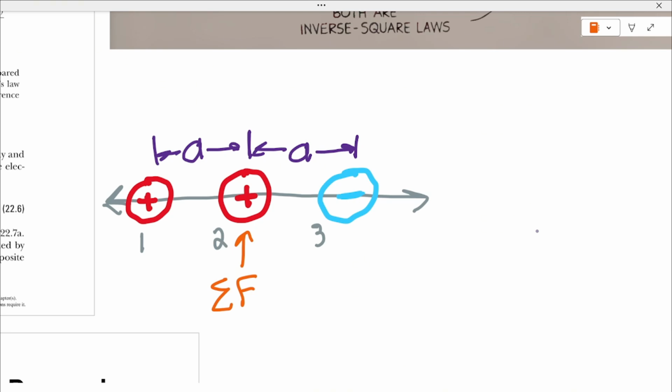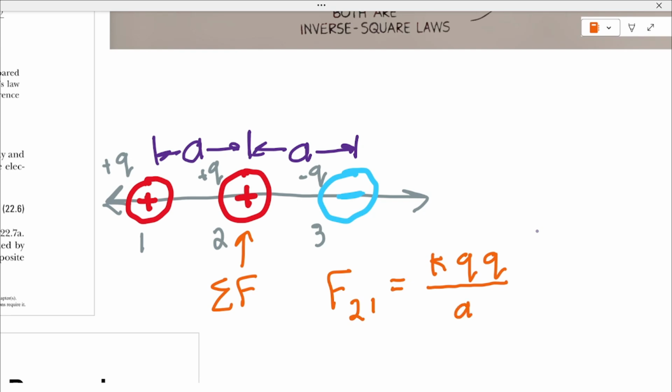So the force on charge 2 from charge 1 is equal to k, say they all have an equal magnitude of charge, plus Q, minus Q. So the force on charge 2 from charge 1 is equal to k Q times Q over a squared, or k Q squared over a squared.